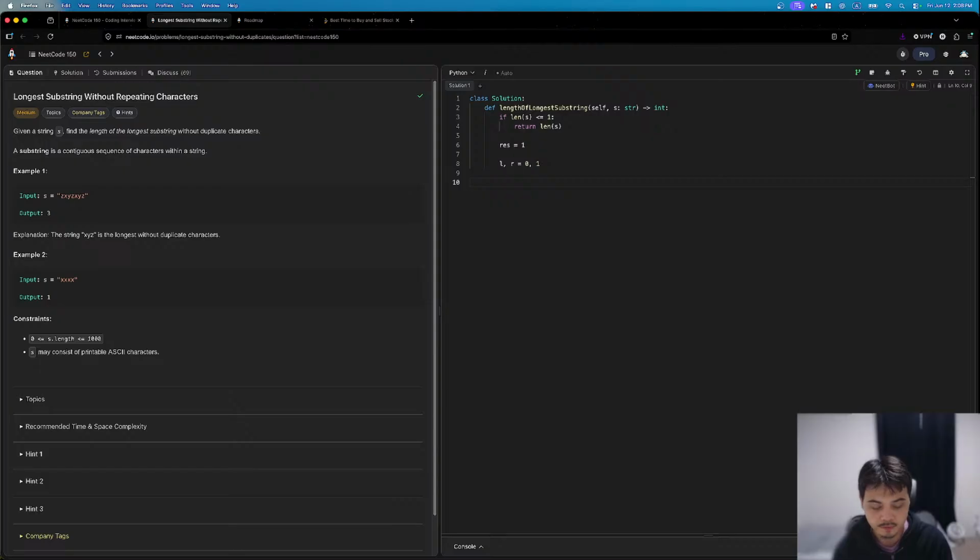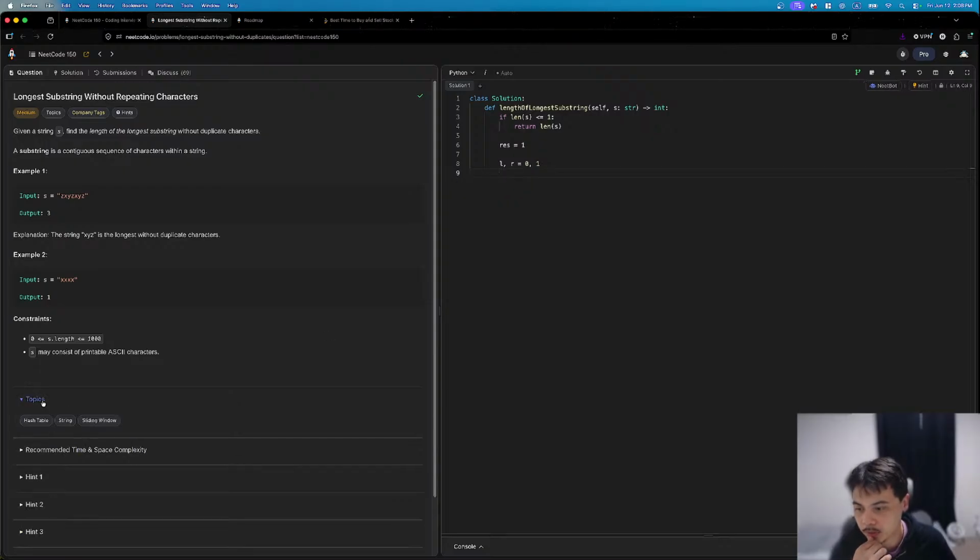What we can have is a, I'm pretty sure you can use a hash map here.